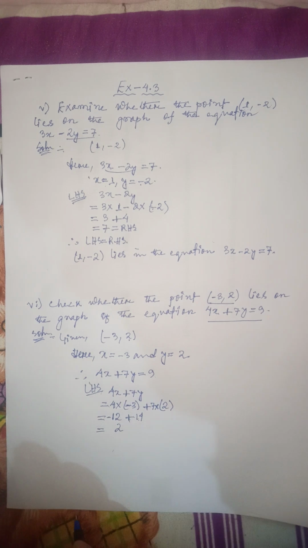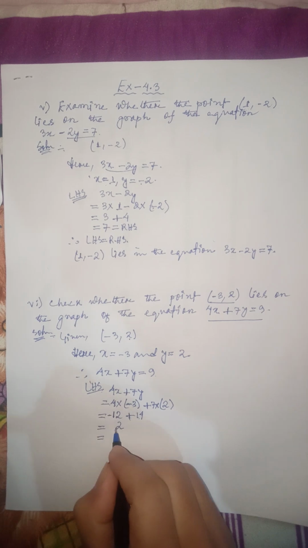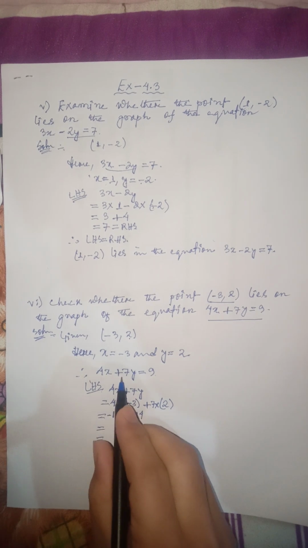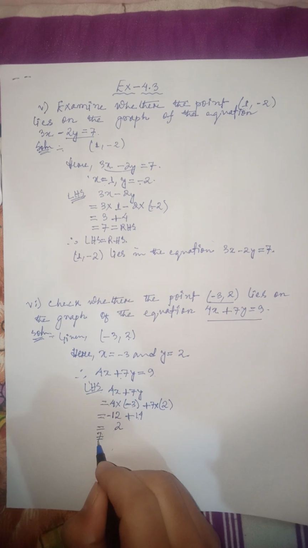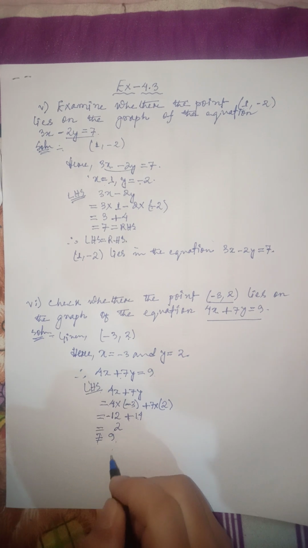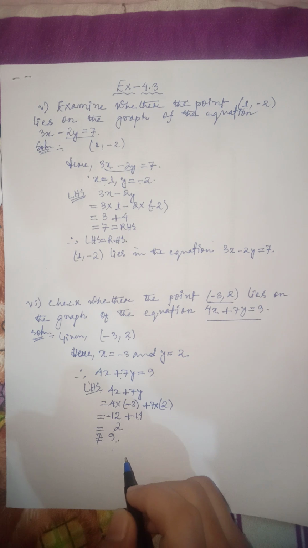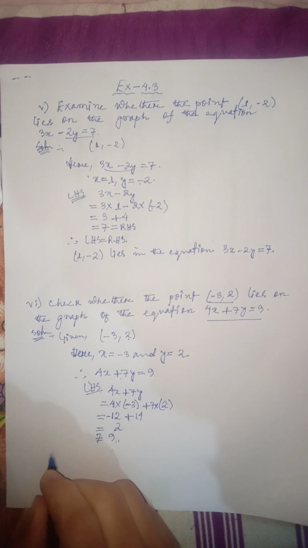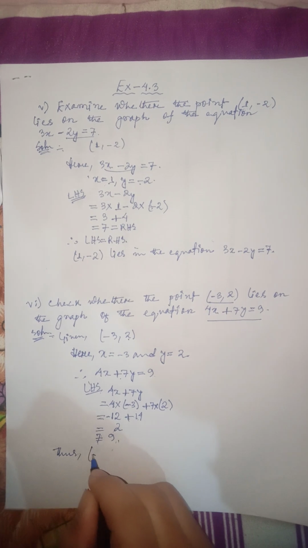Alright? Then at last, we came to see that here it is 2, which we got from the left hand side. But the one on the right hand side is 9. Thus, we can see that it is not matched, it is not the same, right? Thus, what will be the conclusion for this? We can conclude that the given point, what is the given point?